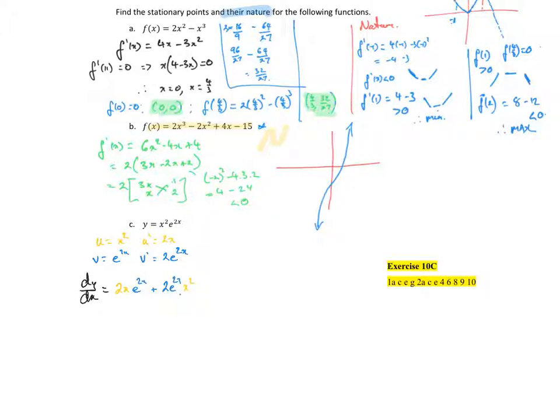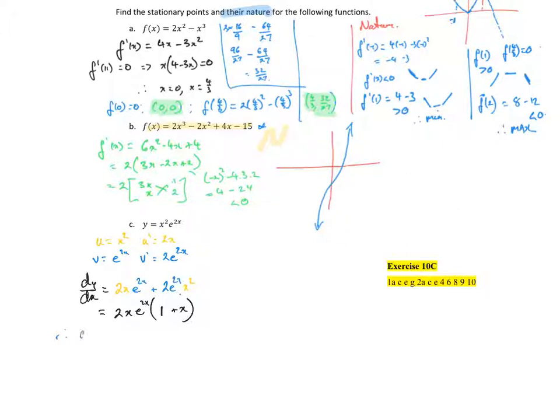So if I factorise that, what have I got common? I've got a 2 common, I've got an x common, and I've got an e to the 2x common. So that's a 1 here, and I reckon it's a plus x on the other side. Okay, so there's my derivative. Now I want to solve that equal to 0.